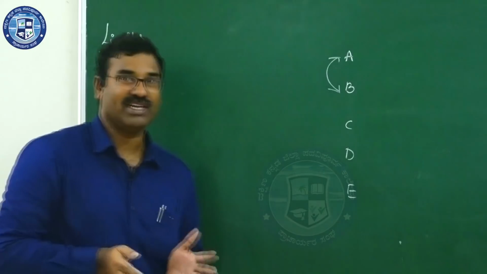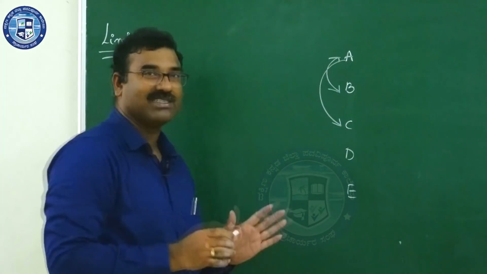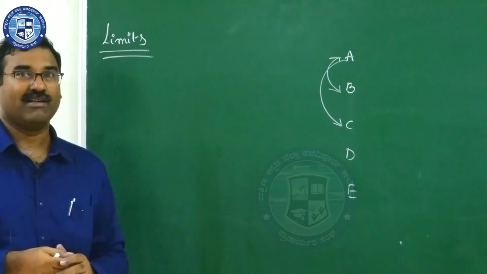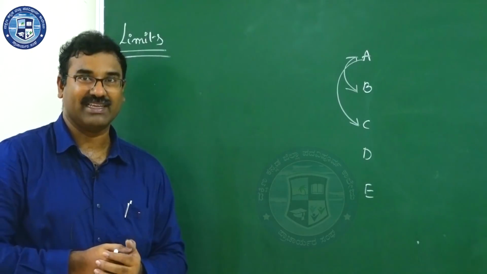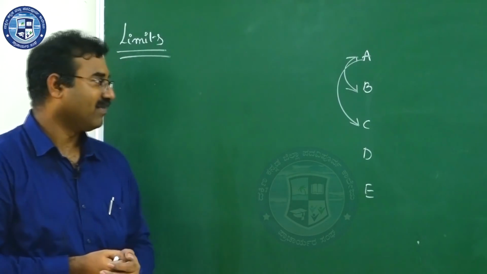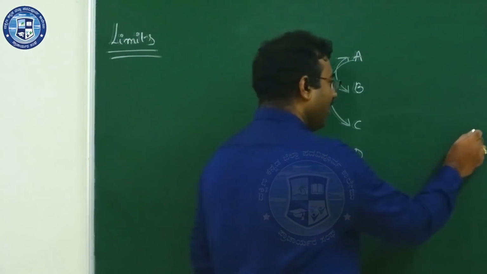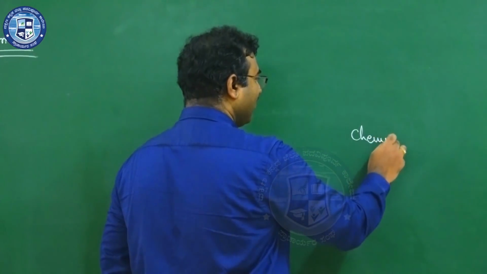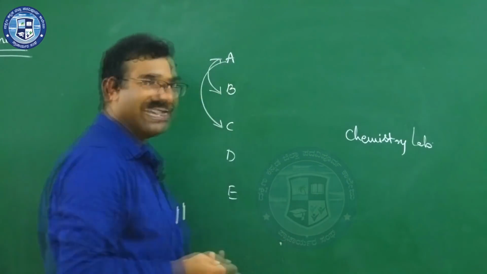Just common sense says he will approach the person C, because he is within reachable distance. So he came to C and asked where is B. C told him that he went to the chemistry lab and is working there.